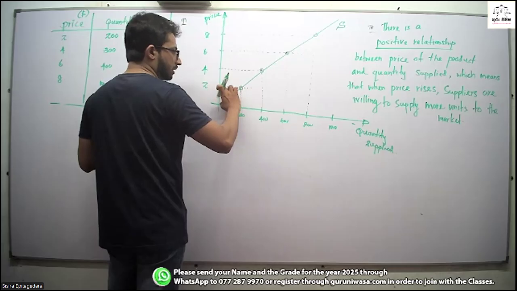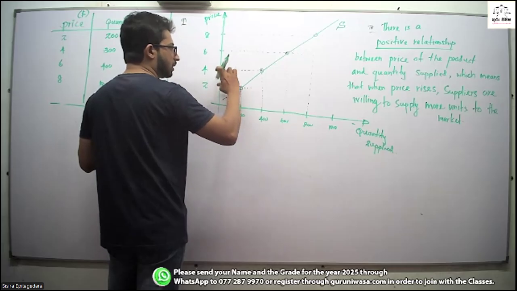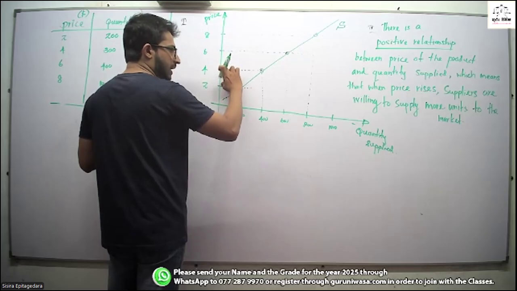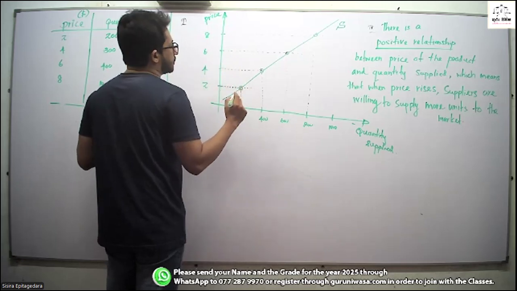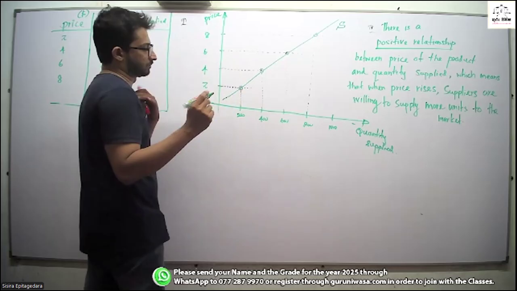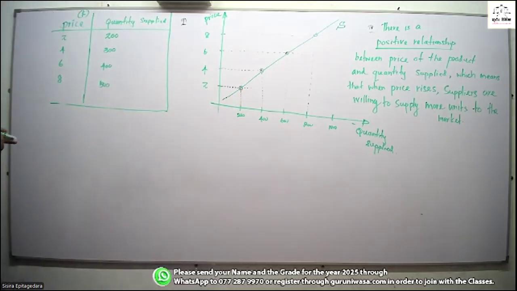If you take 2 squares for plus 2, same 2 squares should be taken for other 2, right? So 8. Quantity supplied, you can see difference is 100.